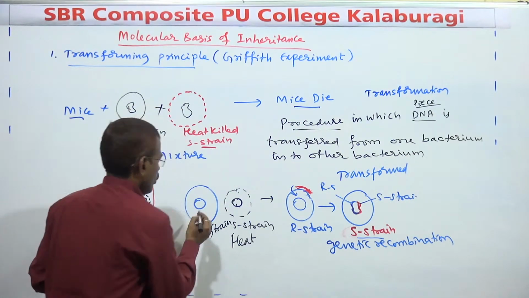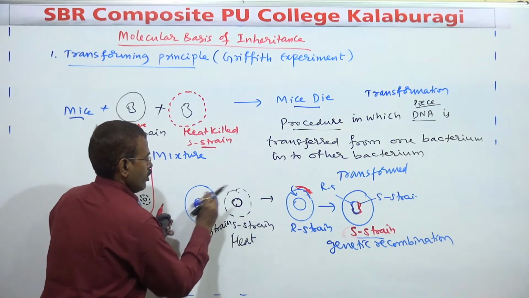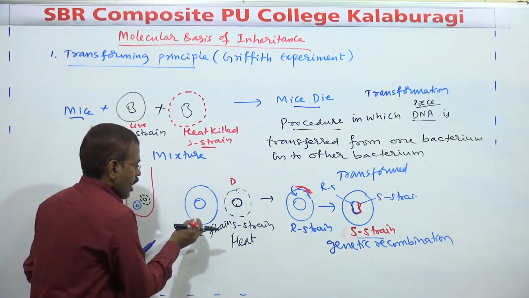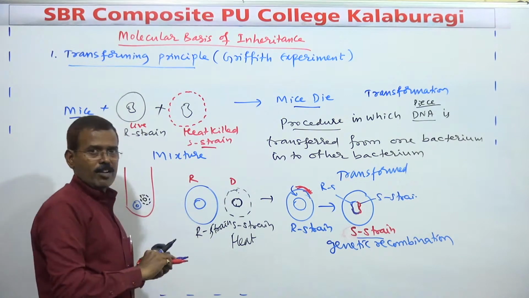This is one bacterium, the R strain, and this is another, the smooth strain. So this smooth strain becomes the donor bacterium and the R strain becomes the recipient bacterium.